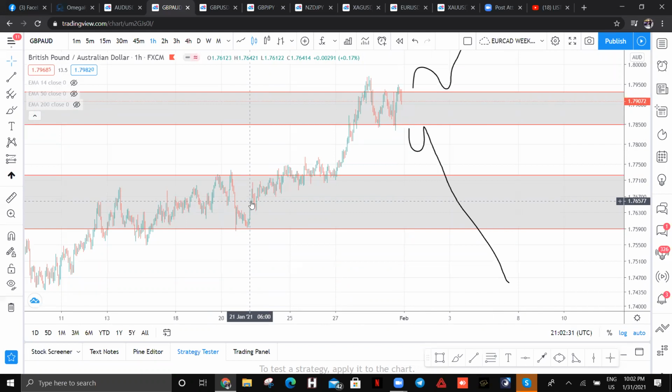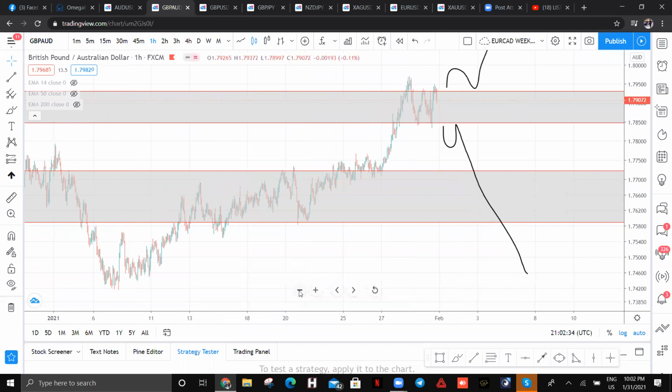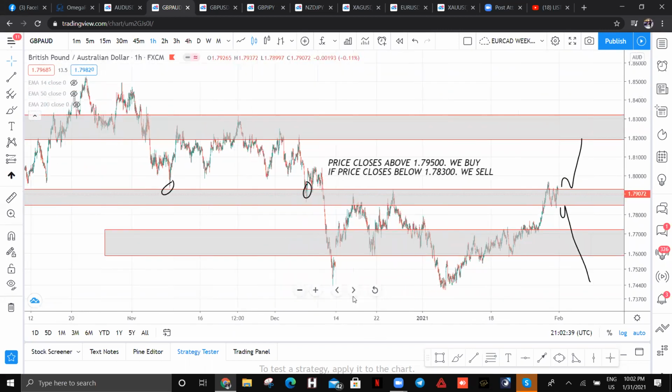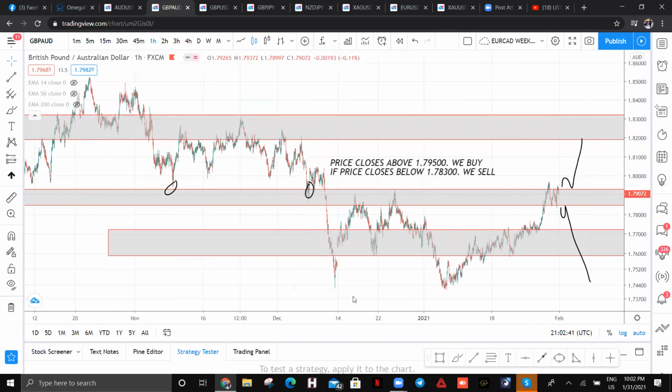So for AUD USD and for GBP AUD, how can I differentiate from a fake breakout? You may not know how to differentiate a fake breakout.